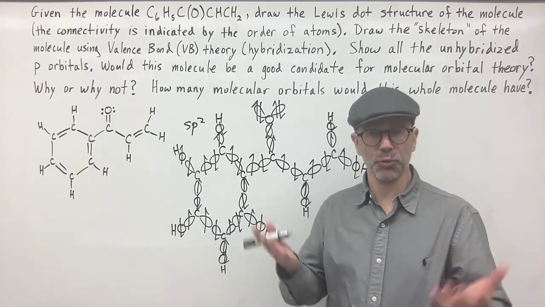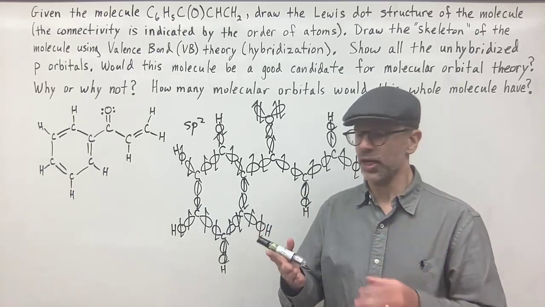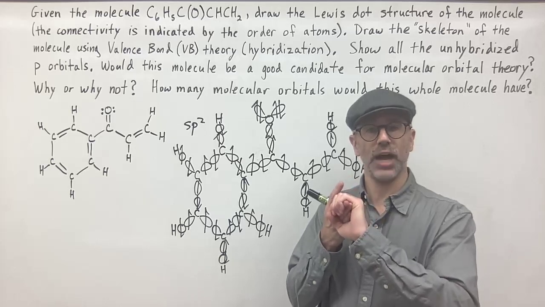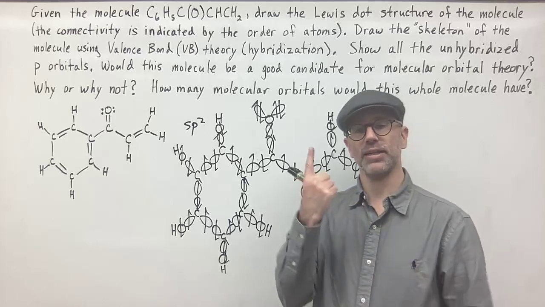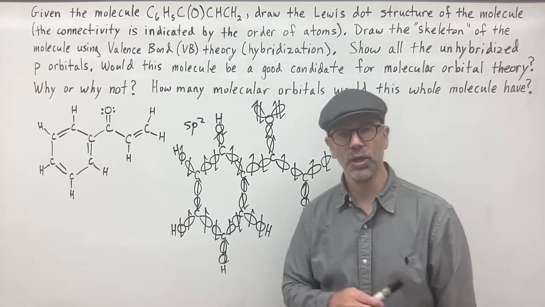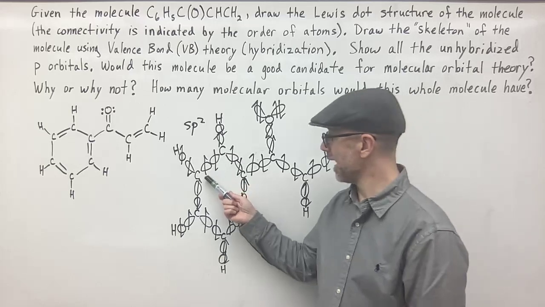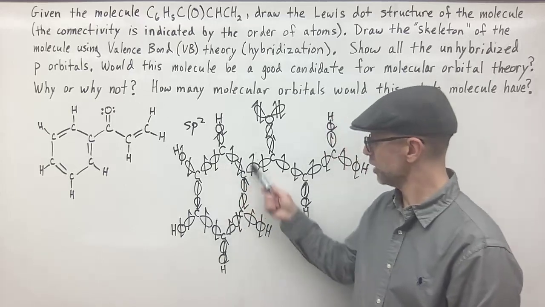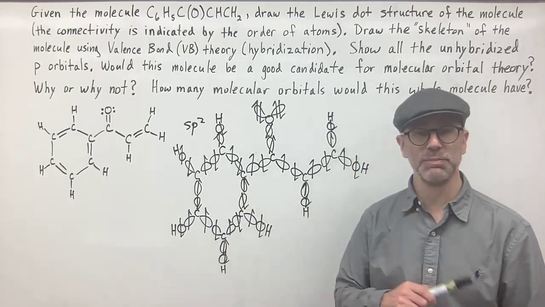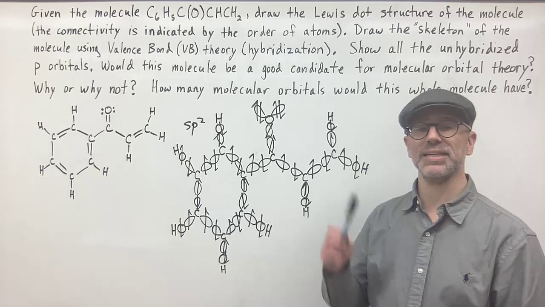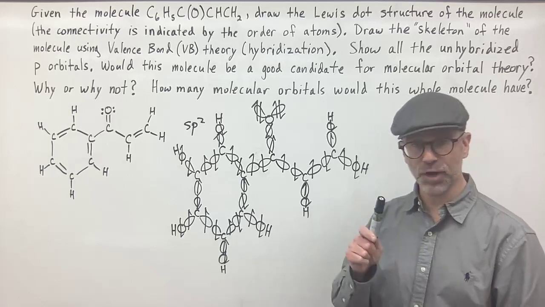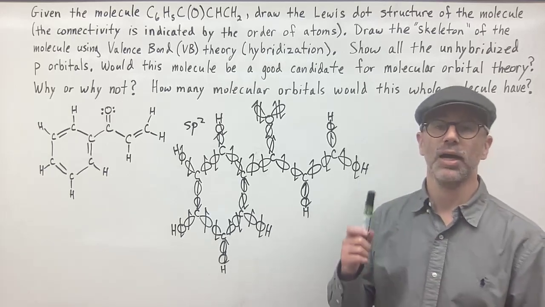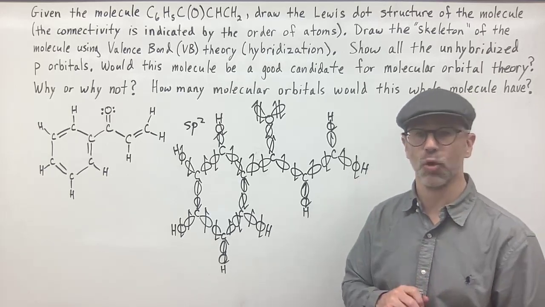Well, you have three p orbitals. If you take two of them for the hybridization, then that leaves one unhybridized orbital. And since all the atoms except for hydrogen in the molecule are sp2 hybridized, every single atom except for hydrogen has an unhybridized p orbital.